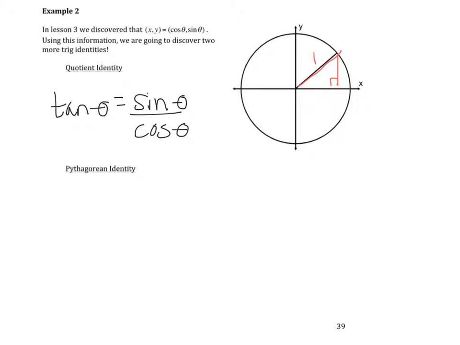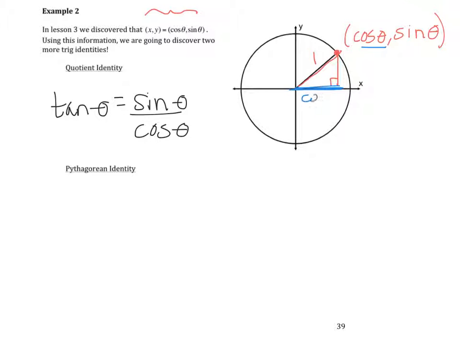So I told you that the values of x and y are also known as cosine of theta and sine of theta. So this point right here is a point x, y. We're going to use cosine of theta, sine of theta. So cosine of theta, since it is x, is the distance along the x-axis right here.